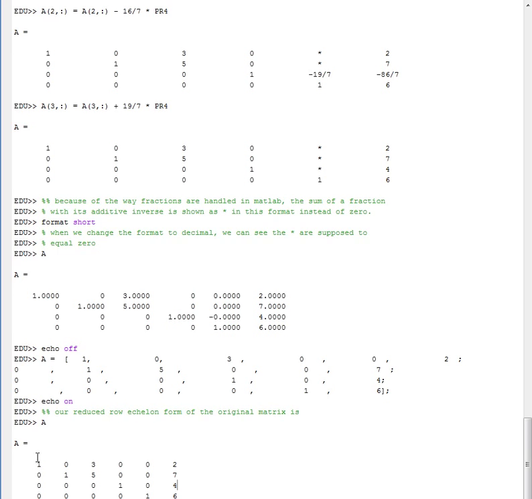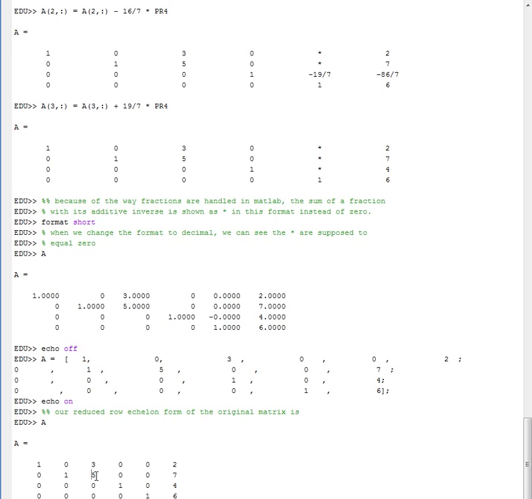Second requirement is that in a column with the leading entry, all other entries are 0. So that means column 1, leading entry here, everything above and below, here only below because there's nothing above, is equal to 0. Column 2, zeros above and below the leading entry, or pivot, in other words.